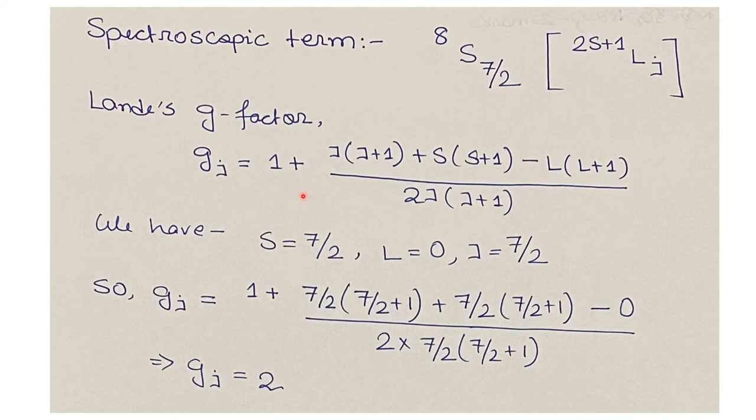We'll have g_J equals 1 plus [7/2 times (7/2 plus 1) plus 7/2 times (7/2 plus 1) minus 0, as here L equals 0] divided by 2J times (J plus 1), here J equals 7 by 2. So we will have in the denominator 2 times 7/2 times (7/2 plus 1). Now if we calculate this, we will get the Landé g factor for our system, g_J equals 2.